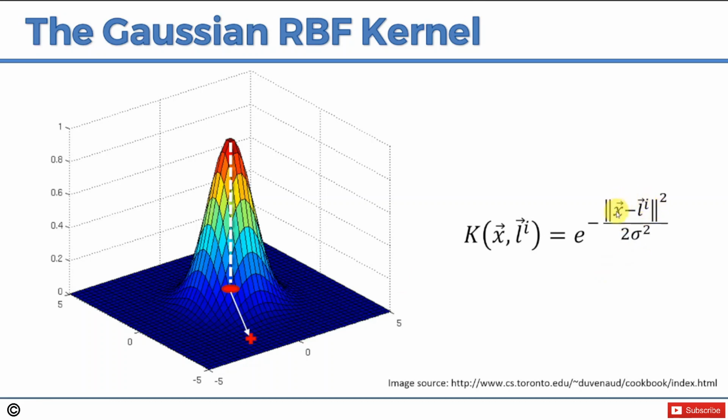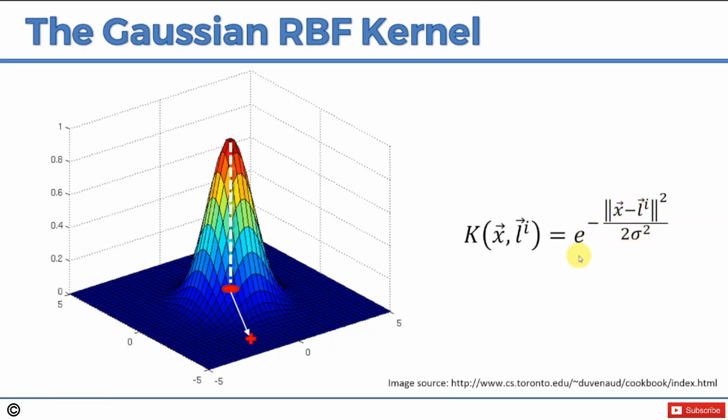If we take a large number and square it, we get an even larger number. Then we divide by 2 sigma squared. Assuming it's still a large number, which depends on sigma, and we'll find out the role of sigma further down in this tutorial, you're then making it negative, a very large but negative number.